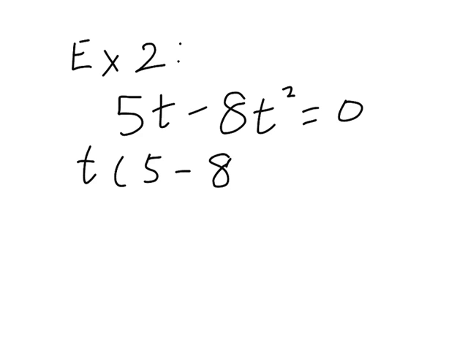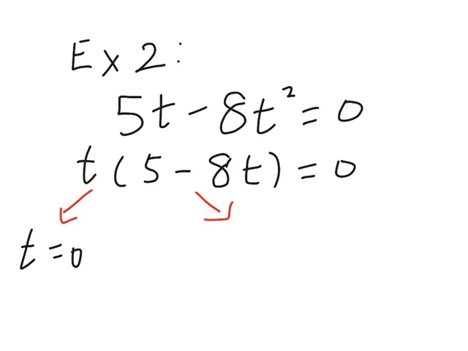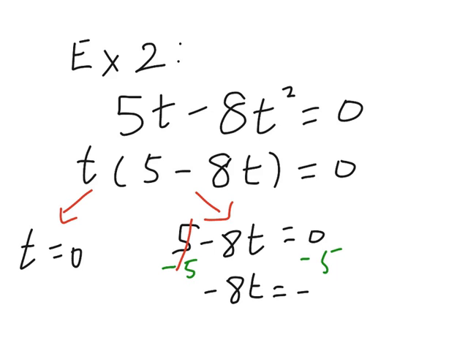So either t equals 0 or 5 minus 8t equals 0. To solve this equation, 5 minus 8t equals 0, I will subtract 5 from both sides. This cancels. We get minus 8t equals minus 5.